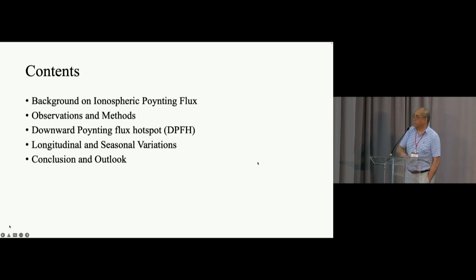The talk first gives background on the ionosphere Poynting flux, observations, and the method used to derive it. Then the focus is the downward Poynting flux hotspot at one particular longitude, then the seasonal variation, and it ends with conclusions.